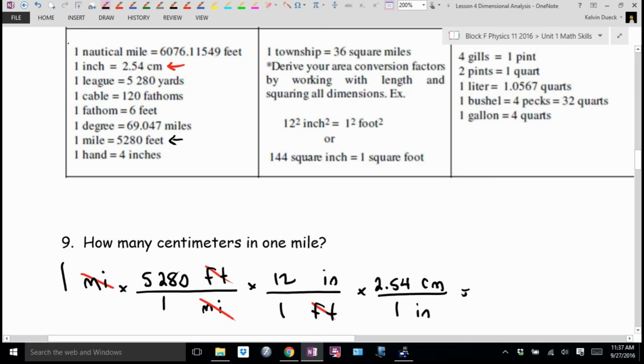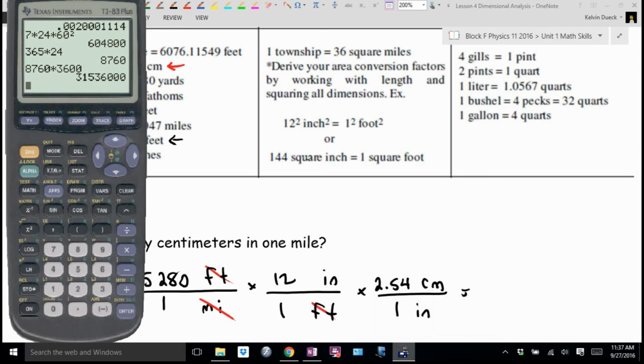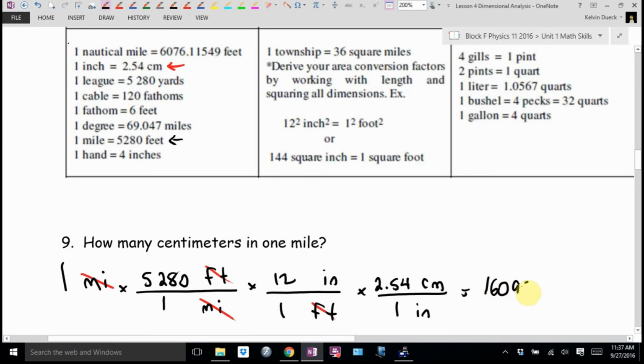How do I know times for all of these? Because they're on top. I get 160,934.4. And why am I wrong? Centimeters.